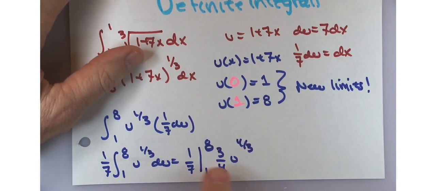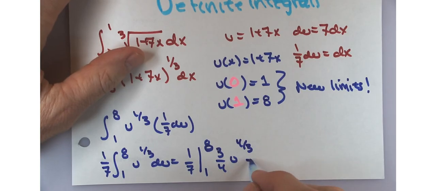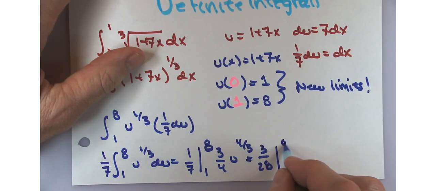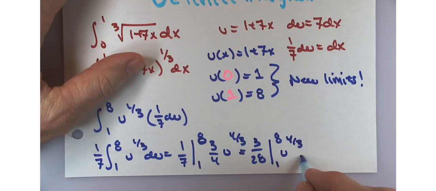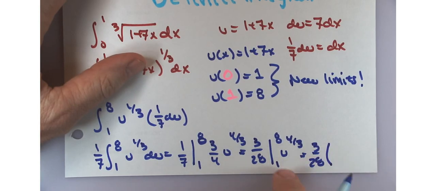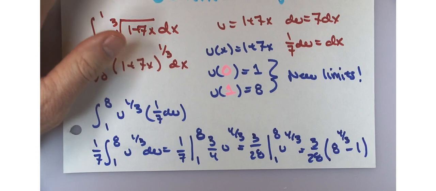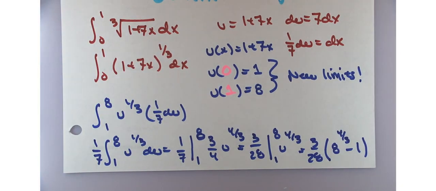Let's bring that out in front: 3/28 times u to the 4/3, from 1 to 8. And finally, that's going to be 3/28 times 8 to the 4/3 minus 1 to any power, which is 1. 8 to the 4/3 works out nicely.